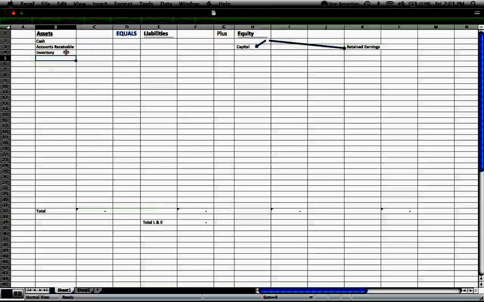Those will hopefully convert into accounts receivable and/or cash. Another type of asset I can mention is land. That's simply real estate that a company may own that will help it generate revenue and help it generate cash.